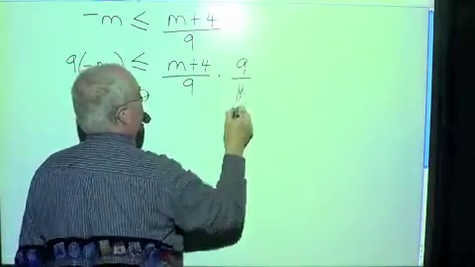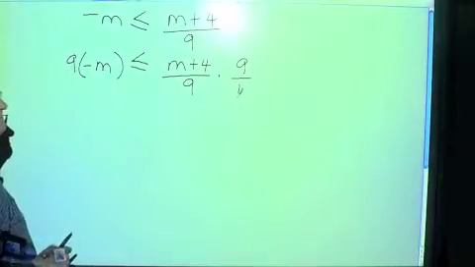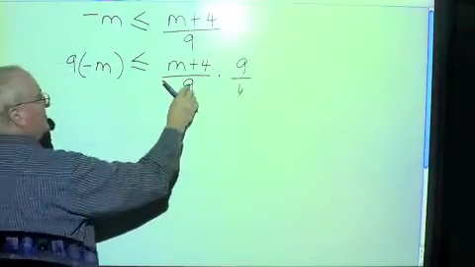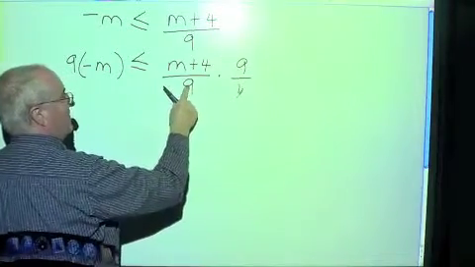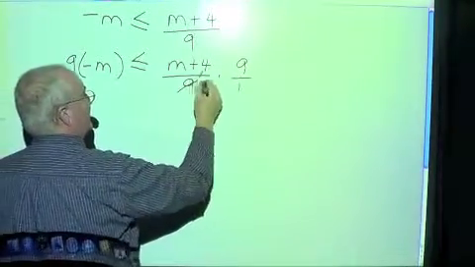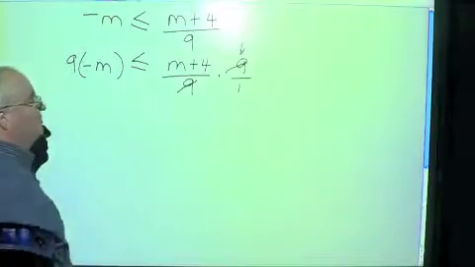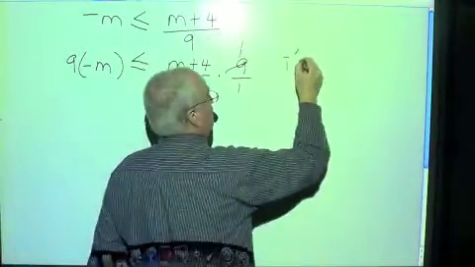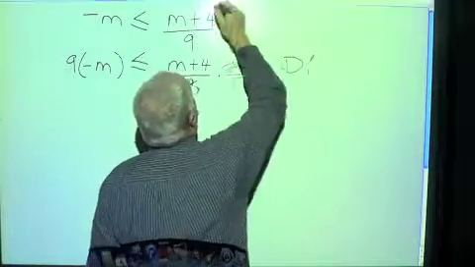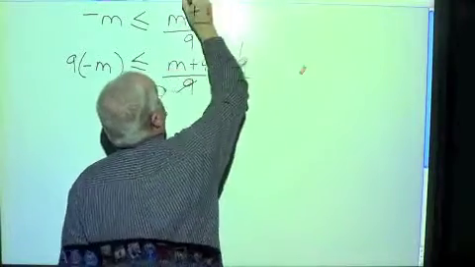Well, this really is a 9 over 1, isn't it? Okay? What happens here? We've got a 9 in the numerator. Over here, we've got a 9 in the denominator. It's multiplied. This simply goes away and changes to a 1. No, we didn't divide. We did what? We multiplied.